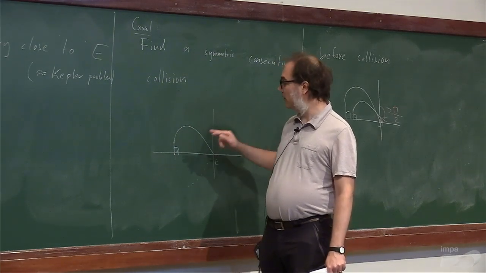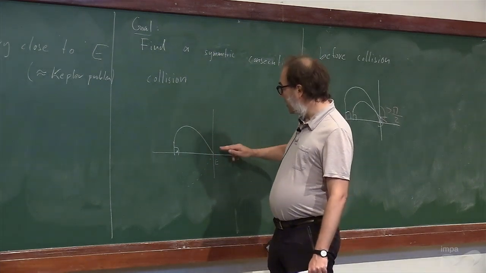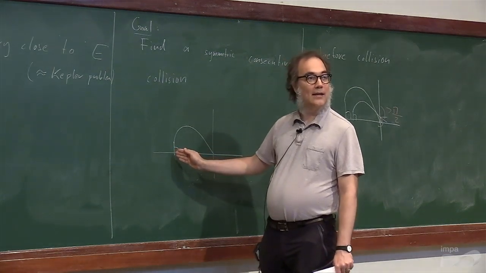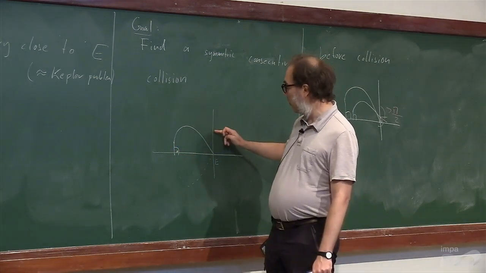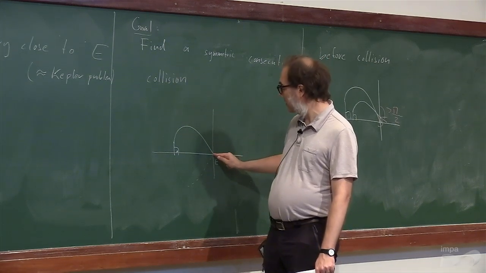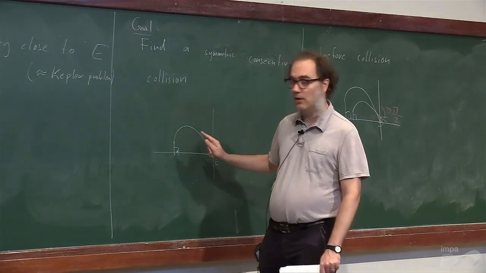But what we don't want is that we hit it already before. So if we start moving here and move back, we want that we first always hit the y-axis, until we have this consecutive collision, and after that we hit the x-axis, not already before.